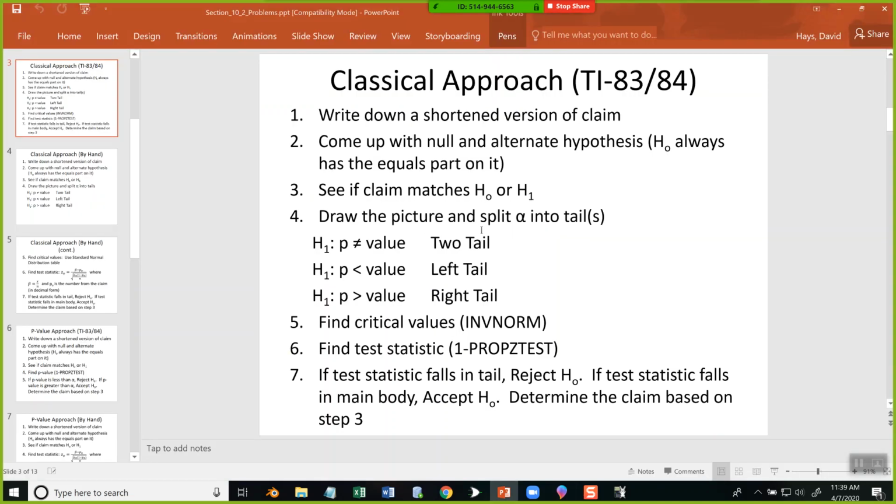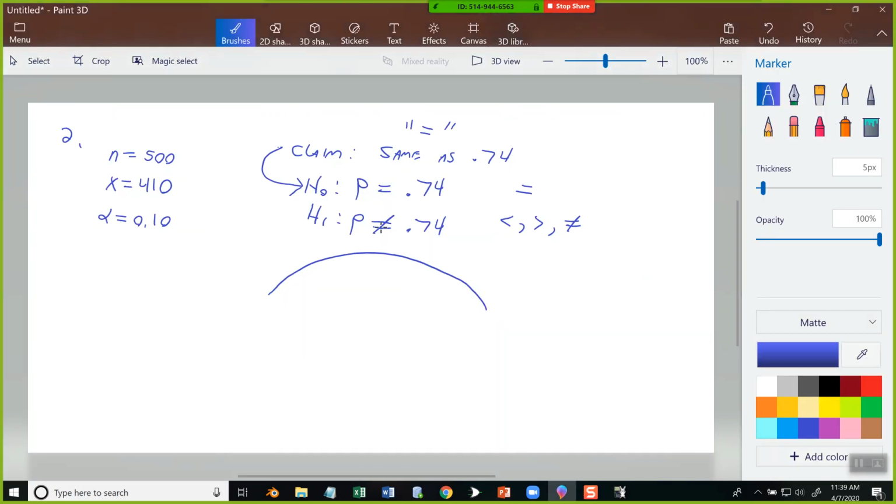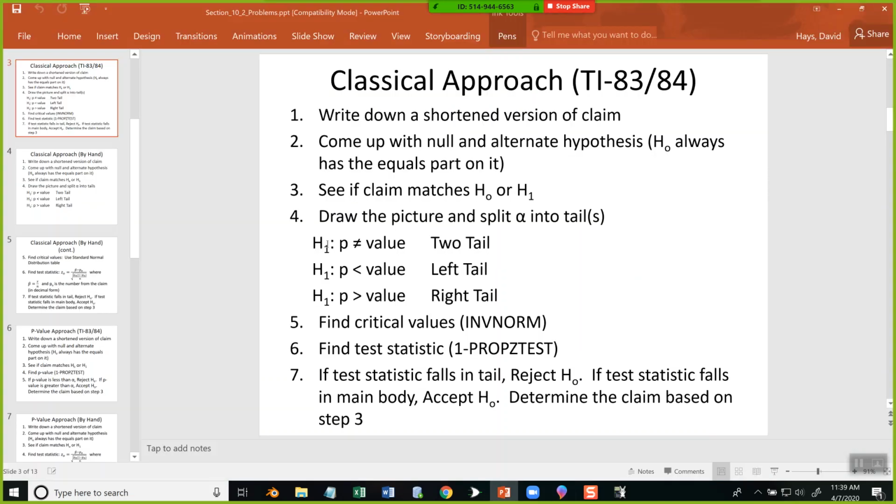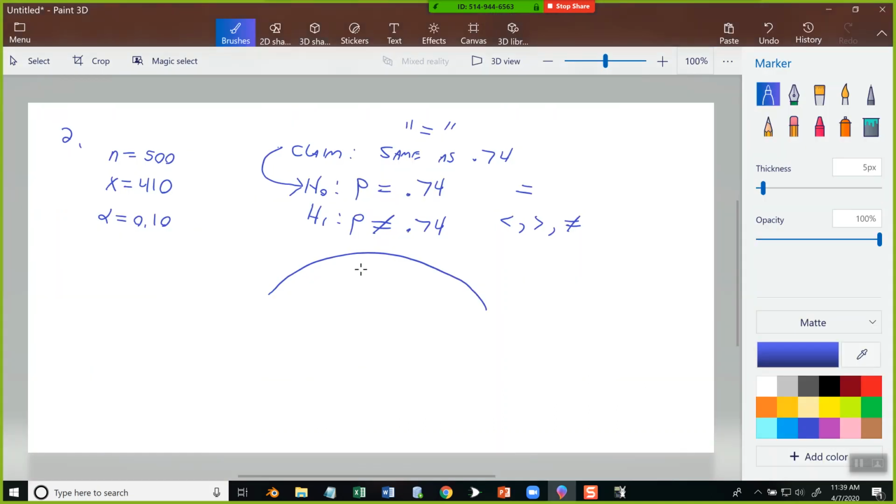Step 4, draw the picture, split alpha into the tails. The symbol off of H1 for our problem is a not equal. So the symbol not equal says we're going to have two tails. And that means we're going to have two critical values, because critical values separate the main body from the tails.